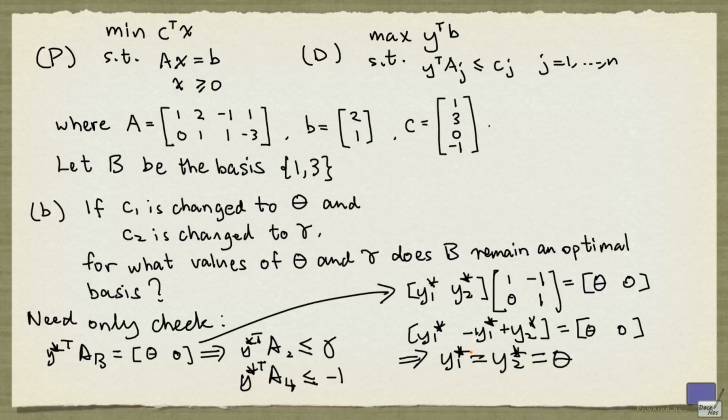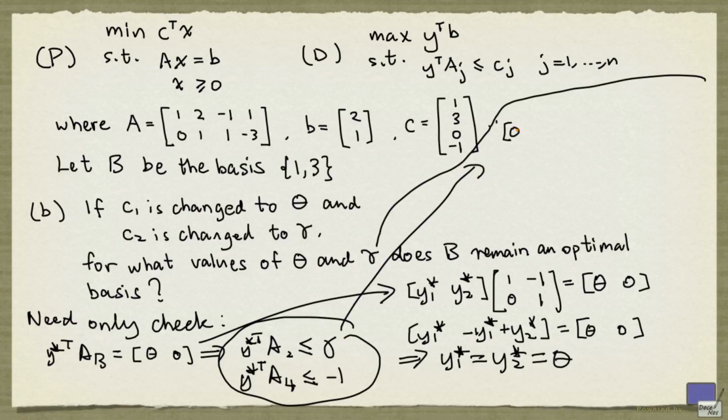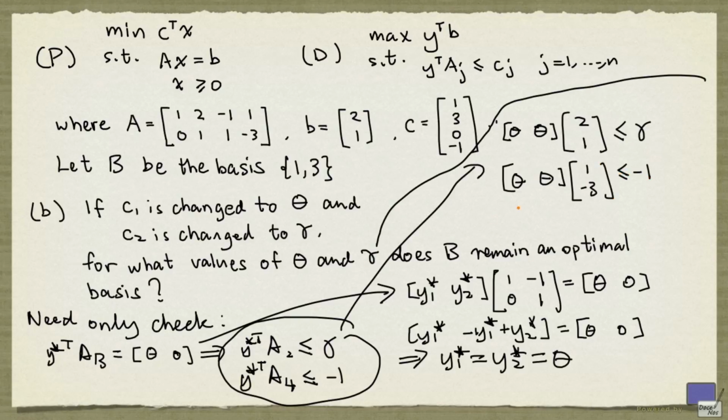Now we need to plug this into the left-hand side of these inequalities and obtain conditions on theta and gamma. So this is true if and only if theta times the second column of A, which is (2, 1), is at most gamma, and the second inequality reads theta times the fourth column of A, which is (1, minus 3), is less than or equal to minus 1.